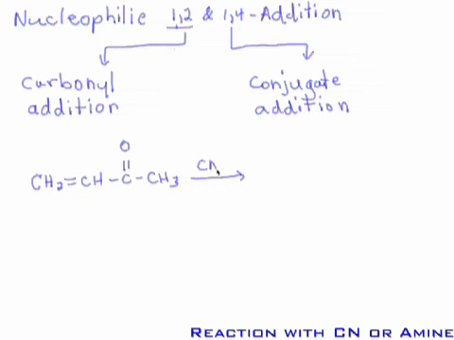CN minus, remember, is C triple bond N, and there are 2 lone pairs with a negative charge on carbon. This carbon can act as a nucleophile. If it does, it can add in a conjugate manner, producing the conjugate addition product.